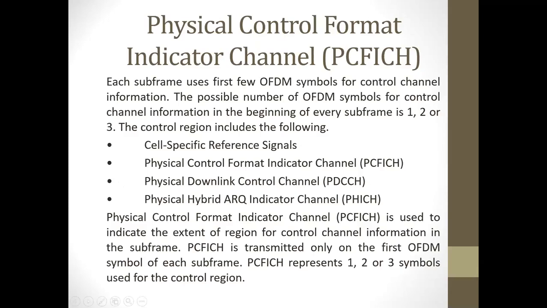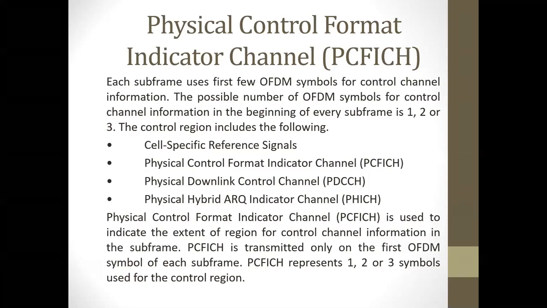Now PCFICH itself is transmitted on the first OFDM symbol on each subframe. And in the frequencies, it has a fixed location. I won't go into the detail, but it has some fixed location. When the UE synchronizes, once we go through the synchronization procedure, it will be clear that the UE can find out the center of the transmission.